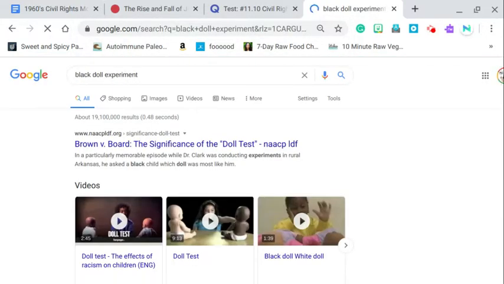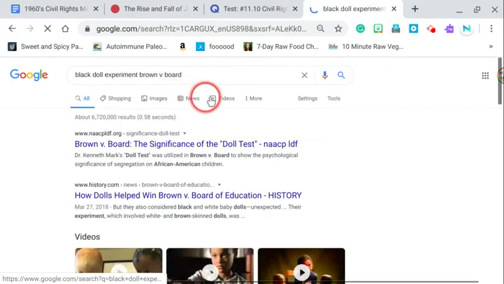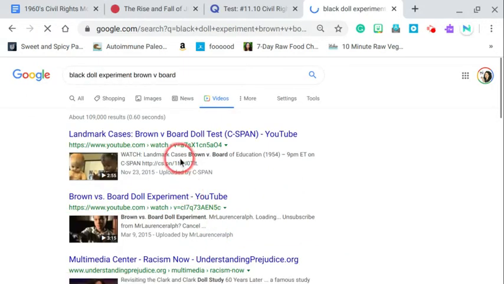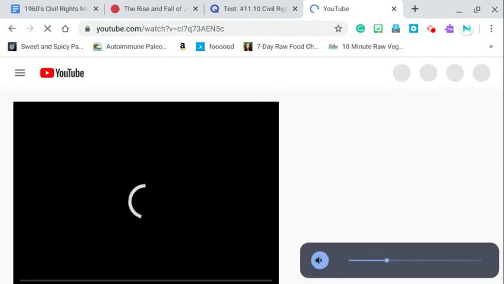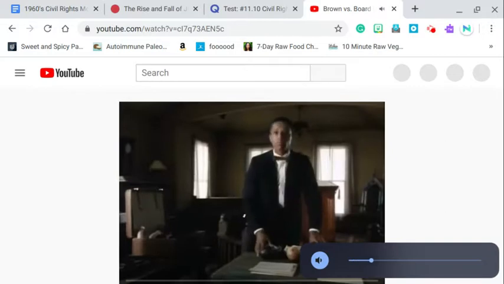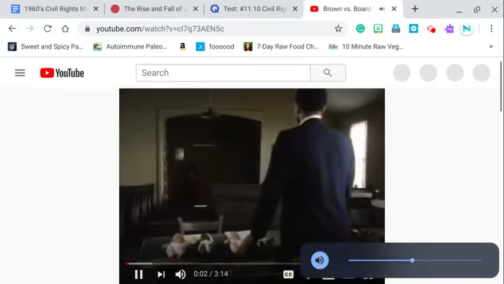The way he convinces people in the Brown versus Board of Ed case is by calling children in and basically asking children to identify the good doll, the bad doll, and African American children basically pointed to the black doll as the bad doll.